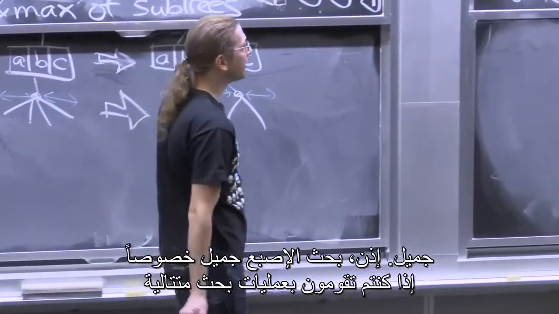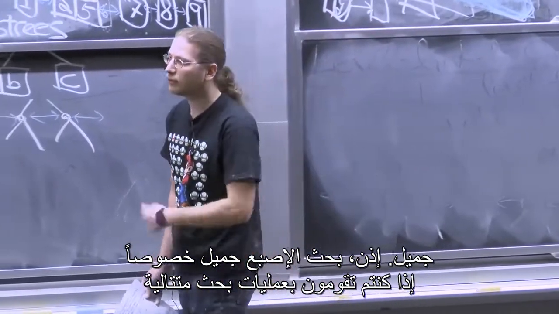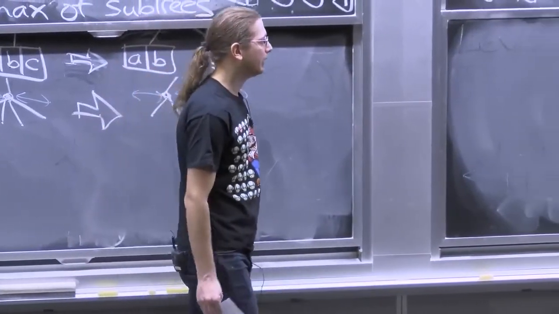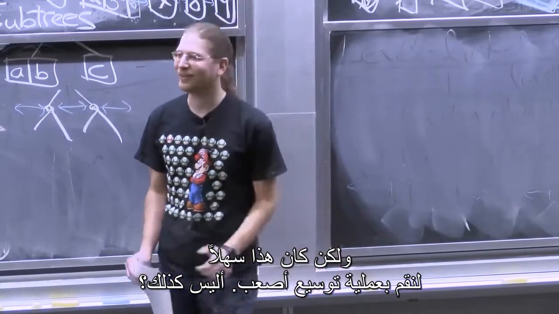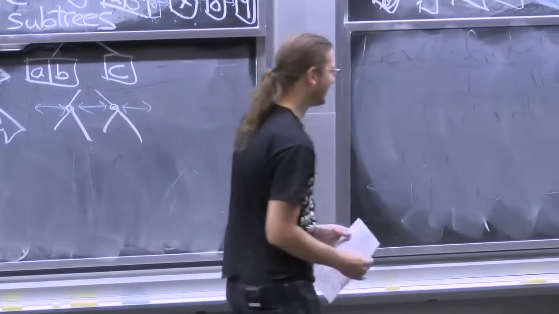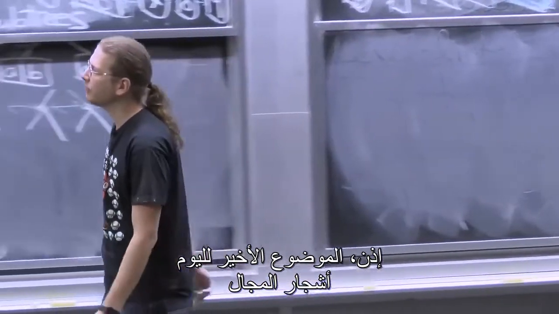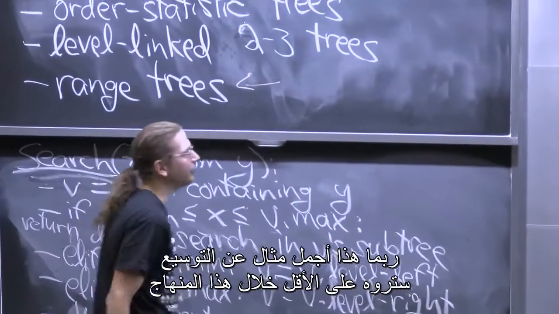Cool. So finger searching, it's nice, especially if you're doing many consecutive searches that are all relatively close to each other. But that was easy. Let's do a more difficult augmentation. So the last topic for today is range trees. This is probably the coolest example of augmentation, at least that you'll see in this class.